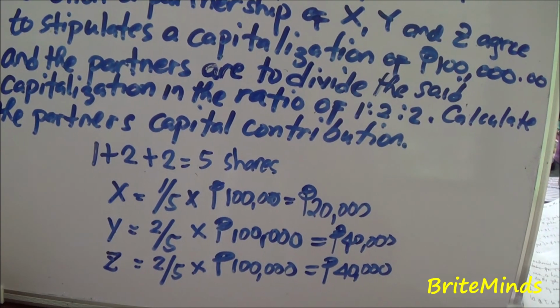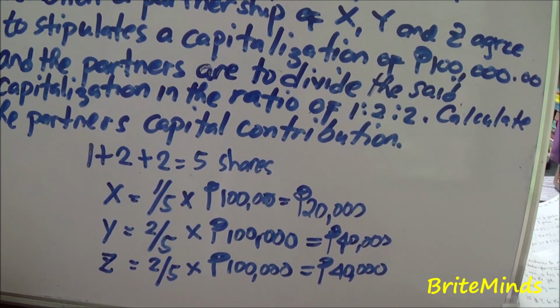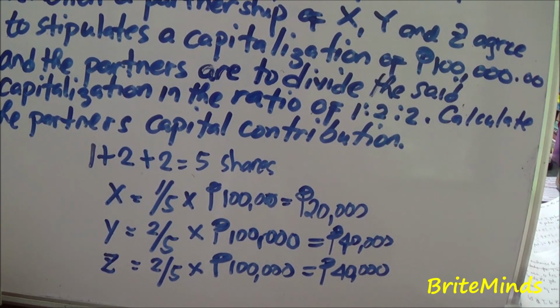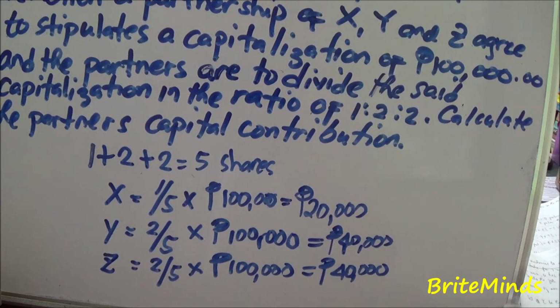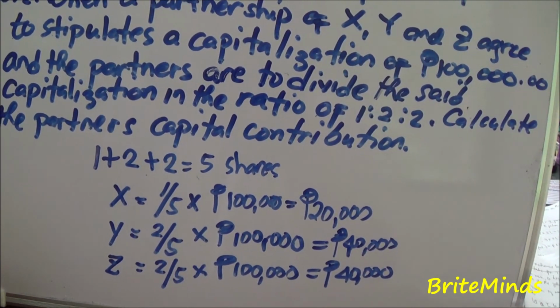So partner X will contribute 20,000 pesos, partner Y will contribute 40,000 pesos, and partner Z will contribute 40,000 pesos.